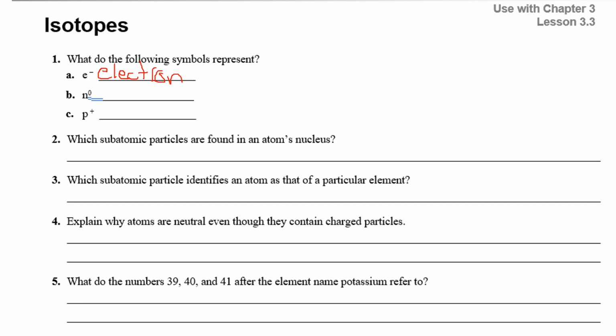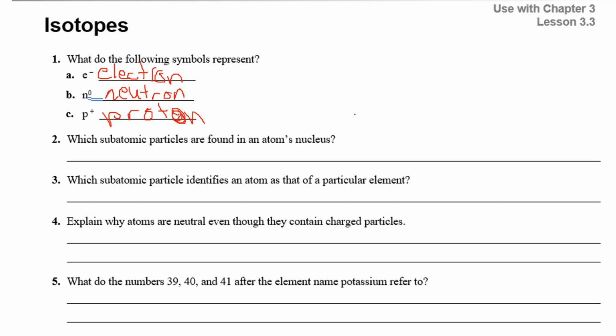Remember, that's not a zero, it's the naught symbol. The neutron. And then what does p positive represent? The proton. I'm trying my best to write on the computer screen, and it's not working out too great, but you get it, proton.